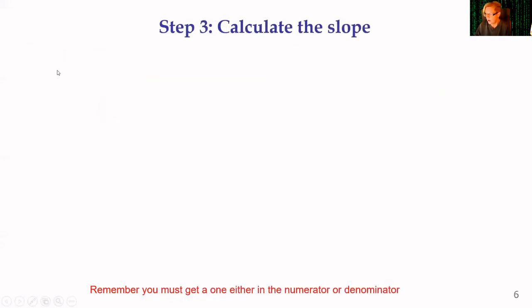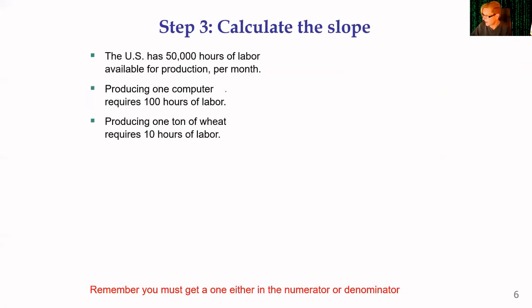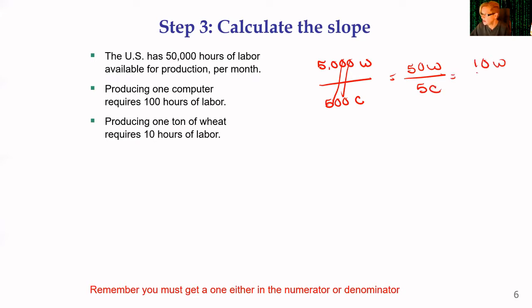We now can calculate the slope. We have 5,000 tons of wheat and 500 computers, again from the previous slide. I think the easiest way to do this is to set them over each other. We can cancel our zeros, and we end up with 50 wheat to 5 computers, which is 10 wheat to 1 computer. Remember, you have to get a 1 in the denominator.